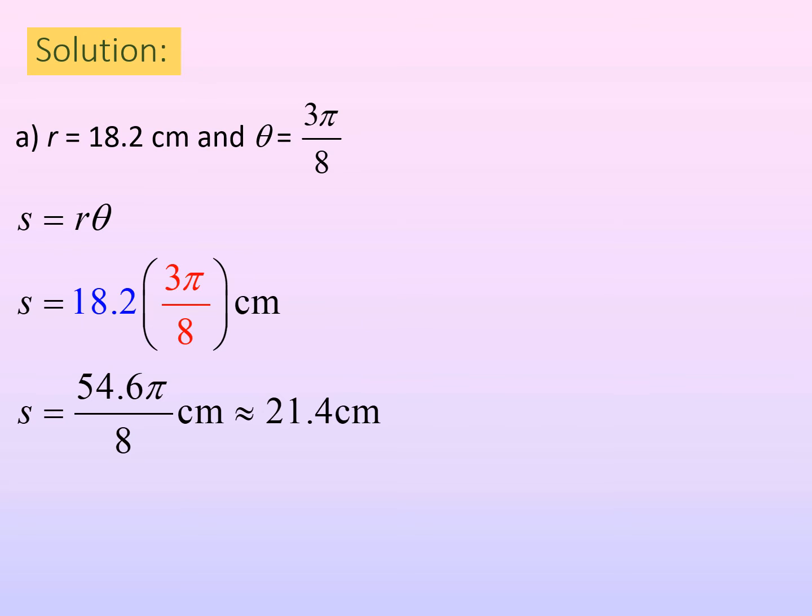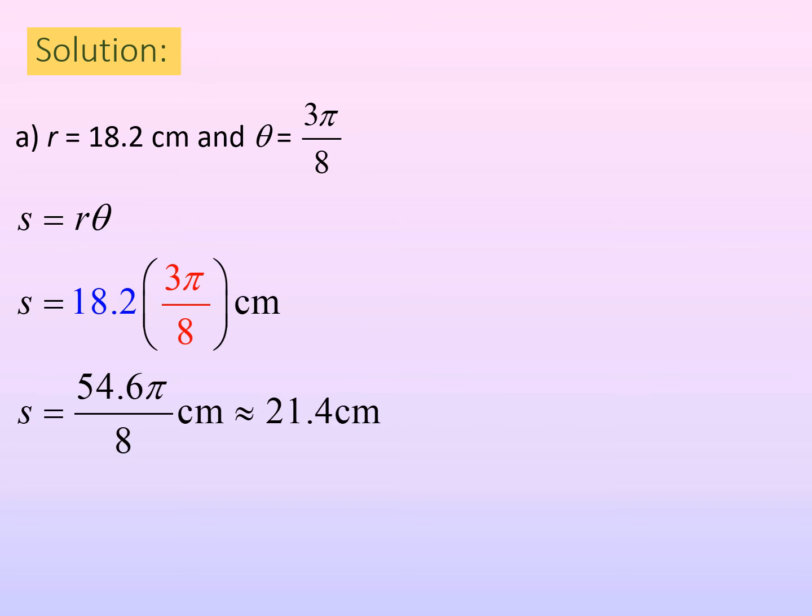So we have 18.2 times 3 pi over 8 centimeters. Simplifying further, we have 54.6 pi over 8 centimeters, multiplying numerator times numerator, and denominator 1 times 8, which is equal to 8.